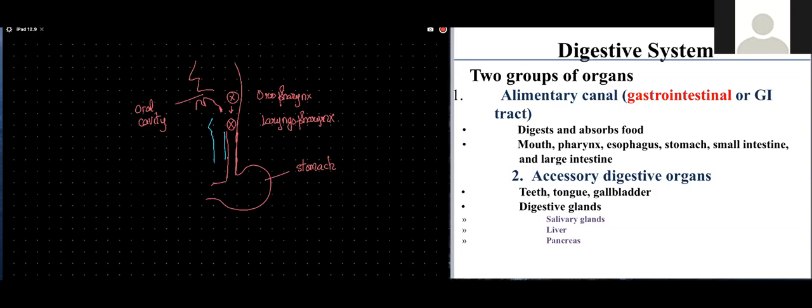And the stomach will then conduct the partially digested food, we call it the chyme, into the small intestines. That will be then conducted to a pouch. We call this the cecum.